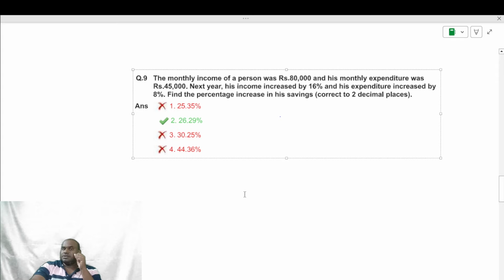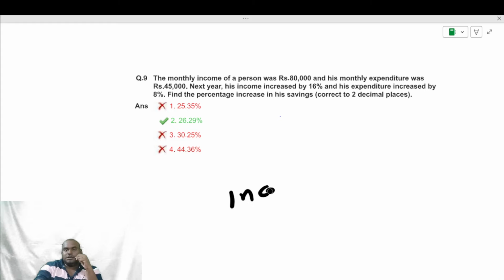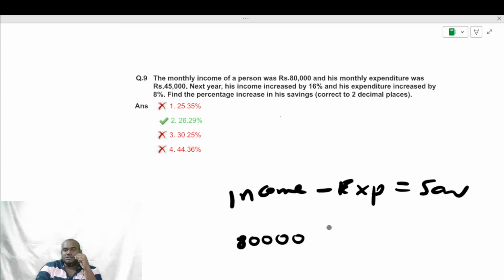What is the percentage increase in his savings? We know income minus expenditure is equal to savings. Monthly income of a person was 80,000 first. Expenditure was 45,000. How much did he save?